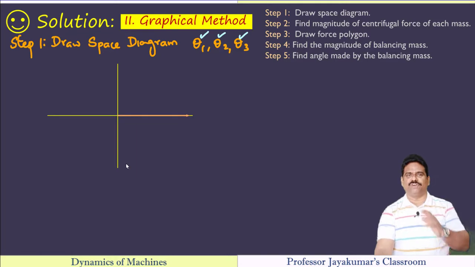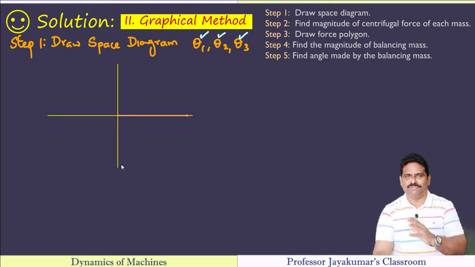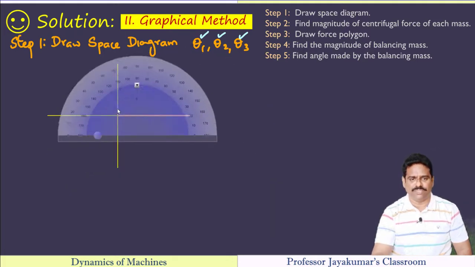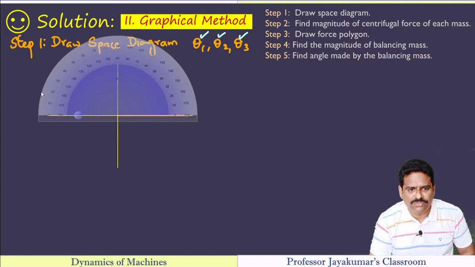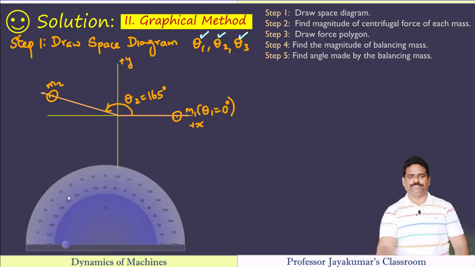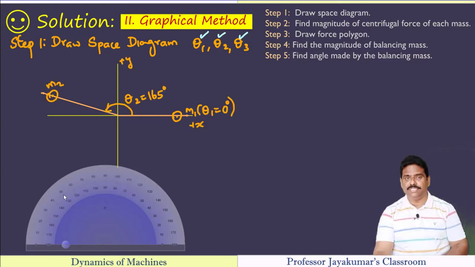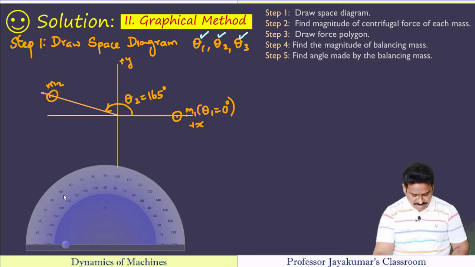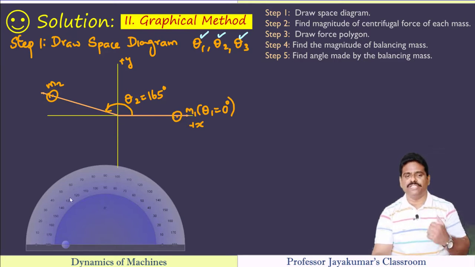This is the position of first mass. I assume first mass is acting horizontally, theta 1 equal to 0 degree. 165 degree. So this is the direction at which M2 acts. This is mass M1. They're given mass 3 is acting at an angle of 85 degree measured clockwise.